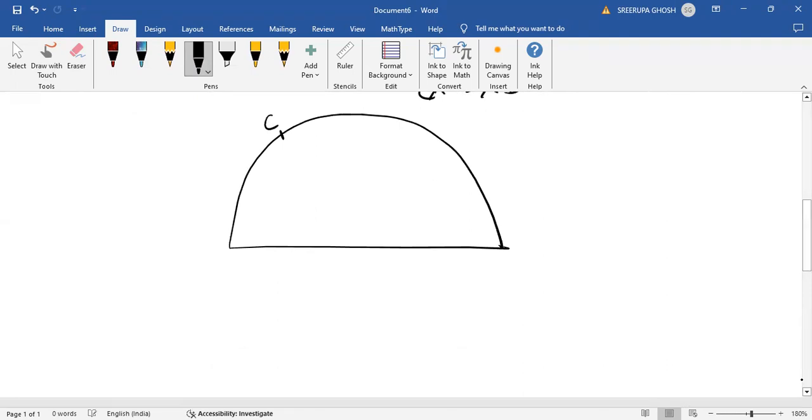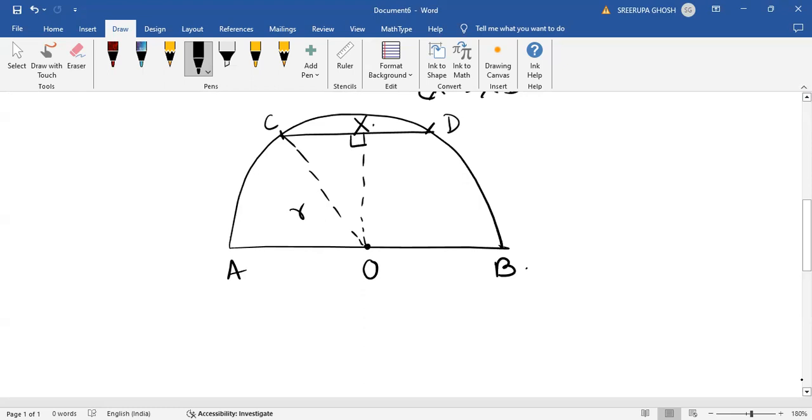This is C, this is D, this is the chord, this is the center, this is the diameter AB, this is your radius, and this is that perpendicular X. So any perpendicular which is basically drawn from the center of the circle to the chord will be bisecting the chord at right angles.